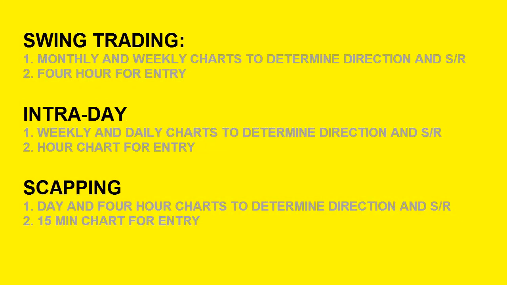So if you're trading on the 4 hours as an entry point, use the weekly and the monthly as your guide to what the direction is, and to get a sentiment of the market, and also to establish support and resistance levels.